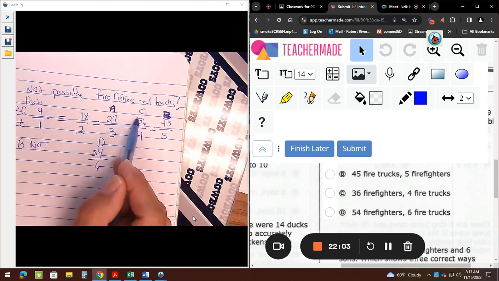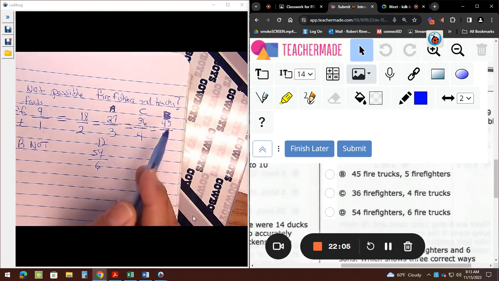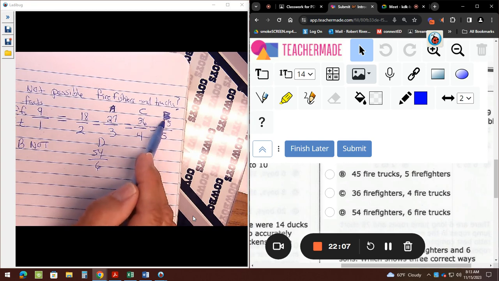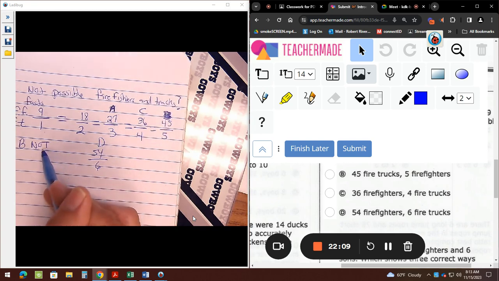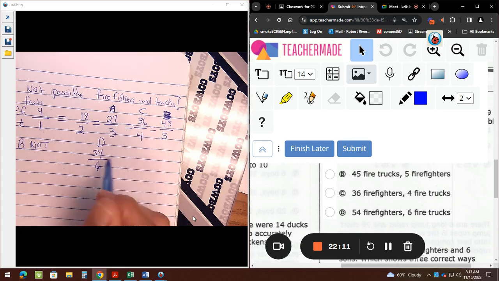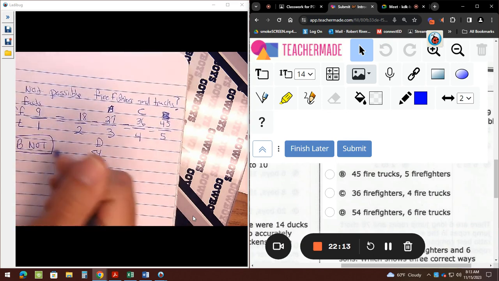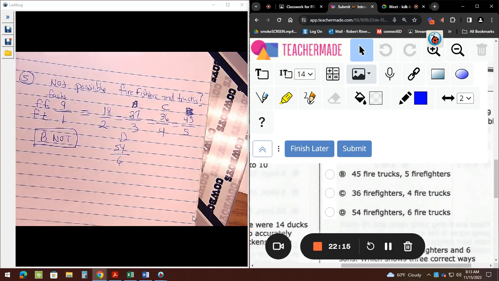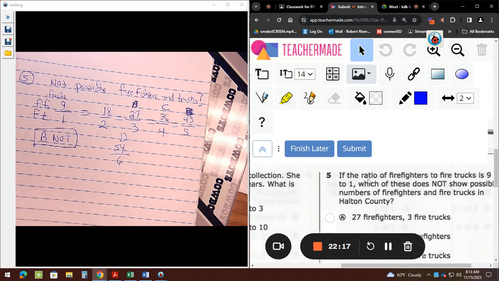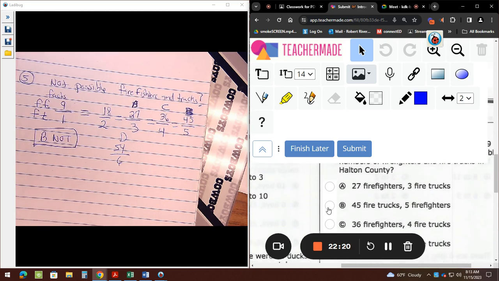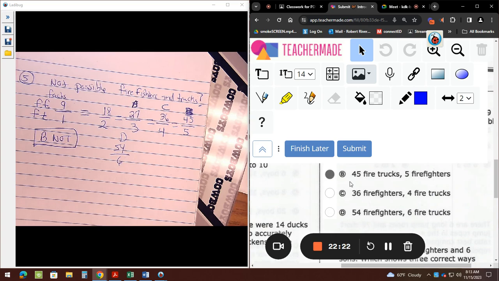A was possible, C was possible, D was possible. This guy almost tricked us, but this one is not possible because they flipped them. They want not possible. The answer is B, because they flipped the labels.